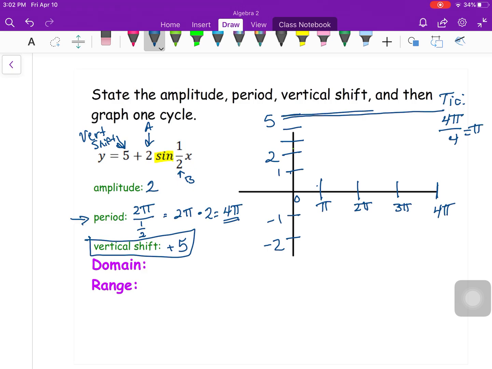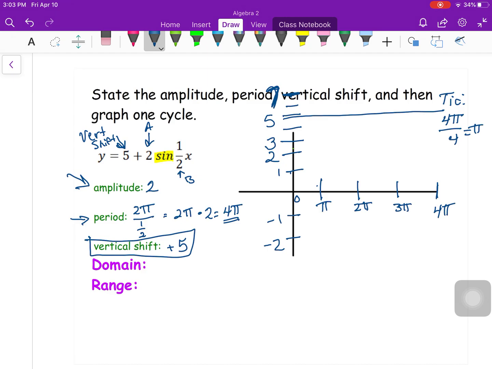So that is where my new midline is going to be. When I do my amplitude, I'm going to have to do it from my midline. So 2 above would bring me to 7, and 2 below would bring me to 3.